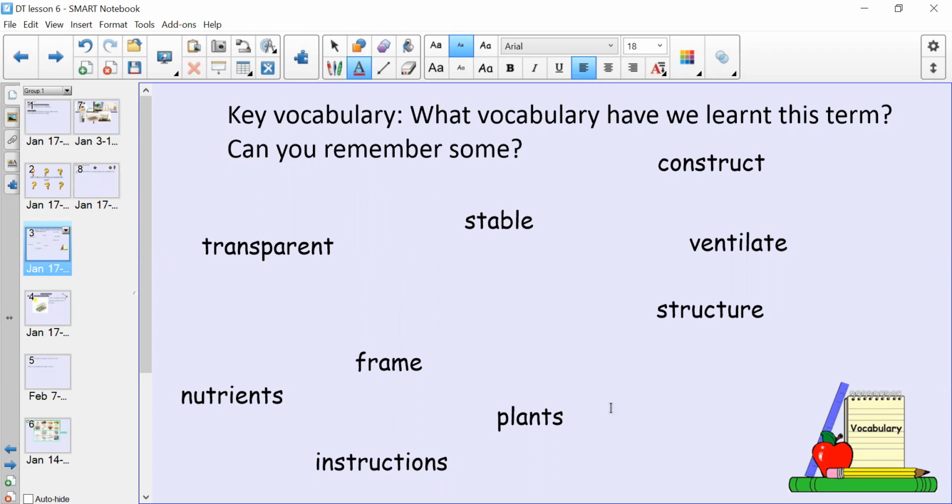Plants are what is inside the greenhouse. Stable is what makes the greenhouse not fall over, makes it strong. Construct means to build. Ventilate means to let air through. And structure is what the greenhouse will look like, what it's made out of.